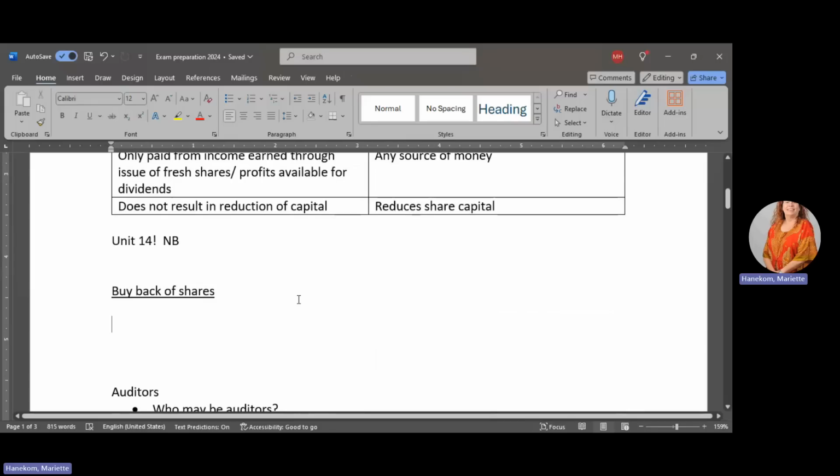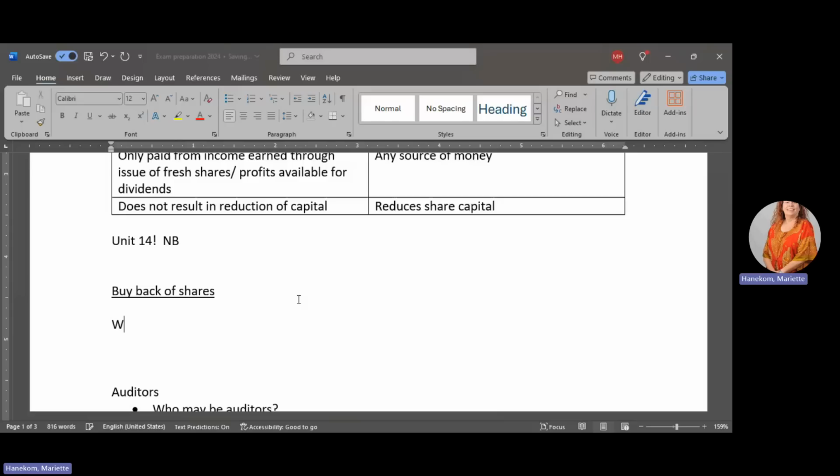Now, when we did section 89, I pointed out to you that you should refrain from just memorizing this whole thing, because you can potentially lose marks if you don't relate your answer to the case study. What do I mean by that?